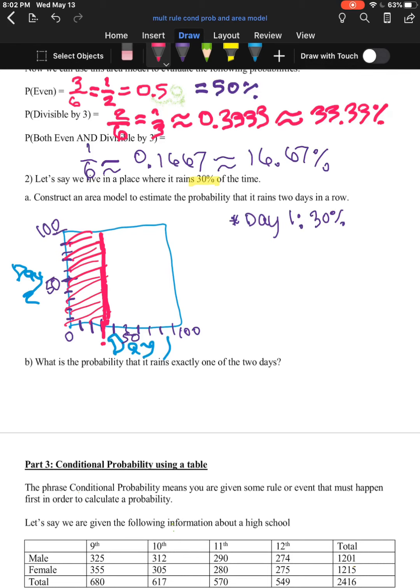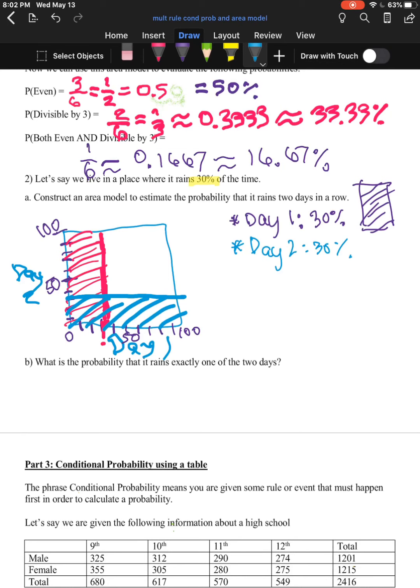On day 2, we also have 30%. Day 2's shading happens to be up the left side at the 30%, go across, and shade.